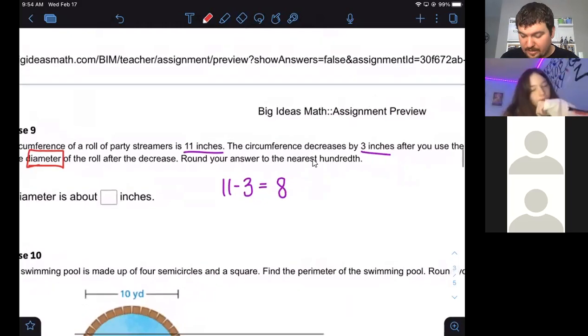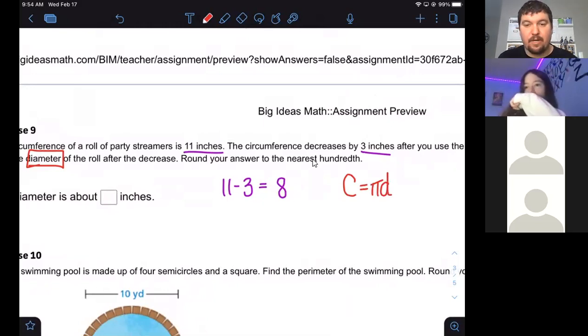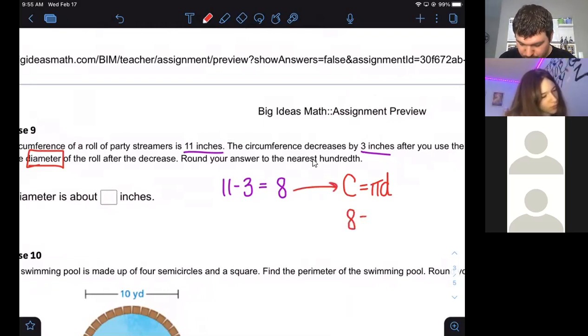So in order to do this, I'm going to write down my circumference formula, and I'm going to plug the 8 in, not for the diameter like I normally do, but since that's the circumference, I'm going to plug that in for C. So that's what it looks like now.